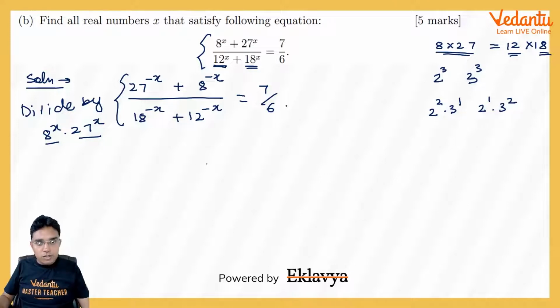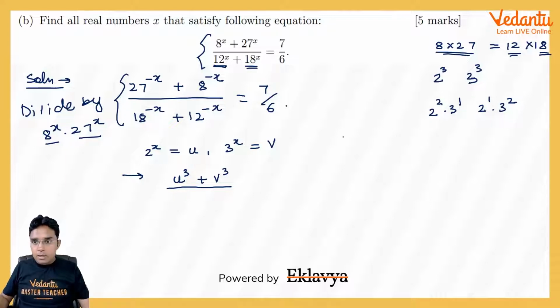Now to do this question, we can take 2 power x as some u and 3 power x as some v. Then the given equation will become u cube plus v cube upon, in the denominator, u square into v plus u into v square, is equal to 7 by 6.